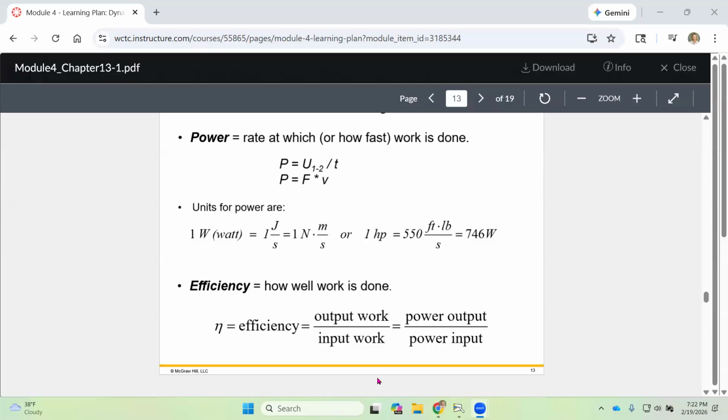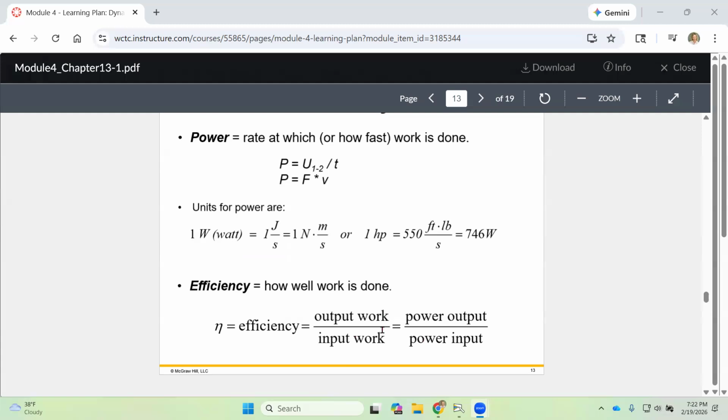That number will always be less than 1. And the reason it's less than 1 is because I can't get out any more work than what I put into the system. That would be a violation of our conservation of energy law. And like I said earlier, the difference between this input and this output work are the losses that we see in the system, like friction, sound, the heat, the thermal energy that's generated.